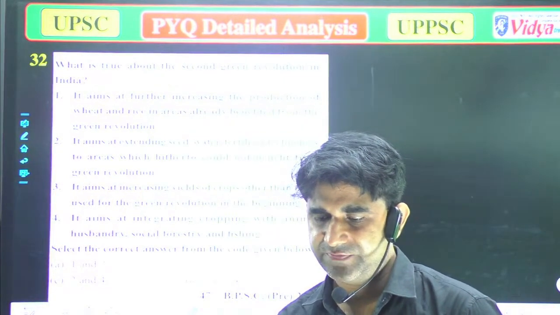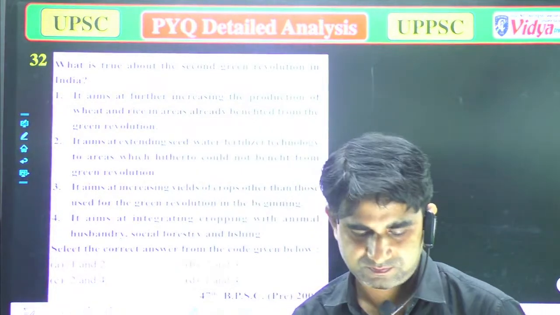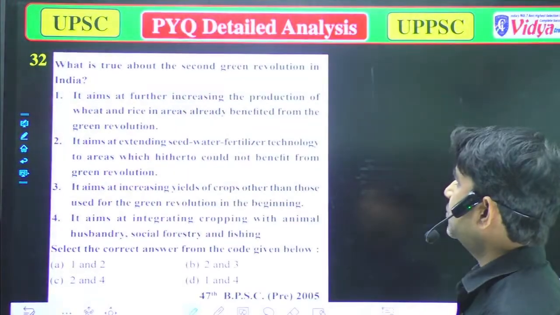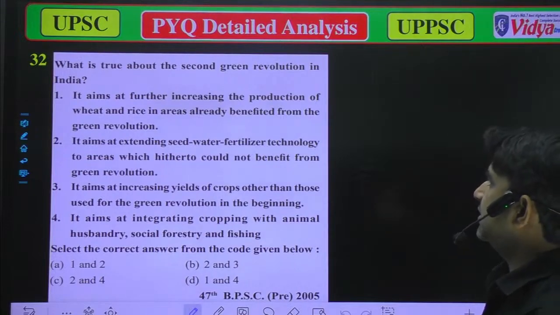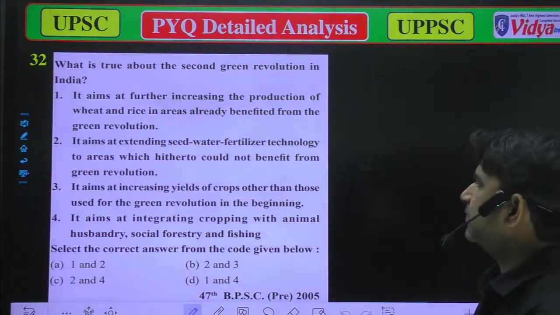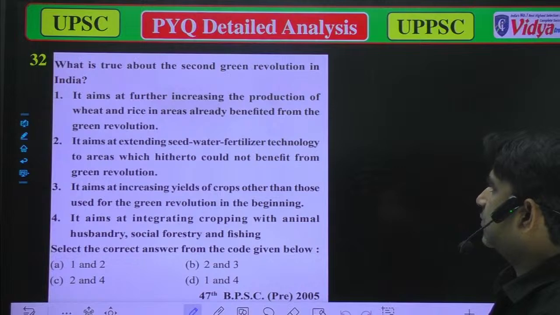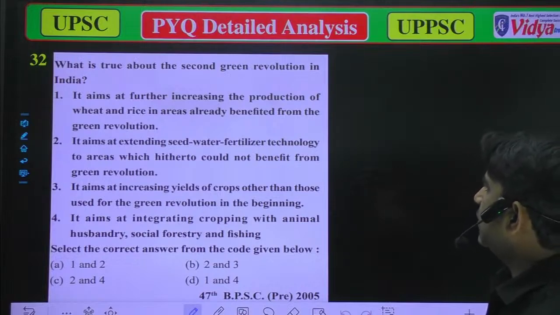Whenever you have time, try to answer these questions. What is true about the second green revolution in India? First, it aims at further increasing the production of wheat and rice in areas already benefited from the green revolution. Second, it aims at extending seed, water, and fertilizer technology to areas which could not benefit from the green revolution.